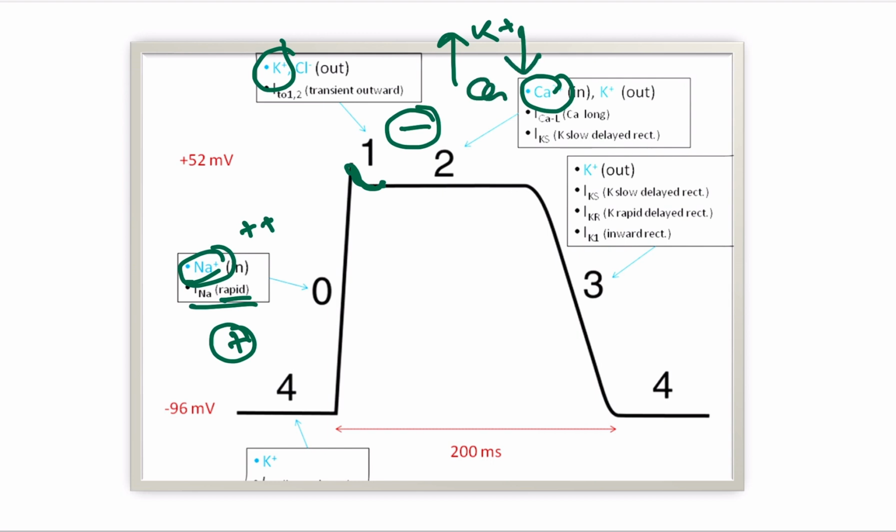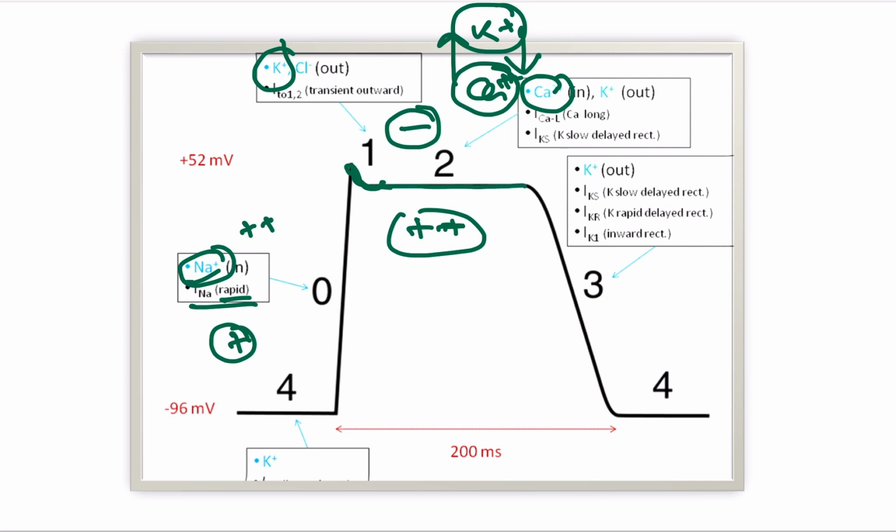When calcium enters the cell and potassium goes out, an ionic balance occurs. That means 2 potassium go out, 1 calcium comes in. So the positive and negative are balanced. In this condition, it is the plateau phase.